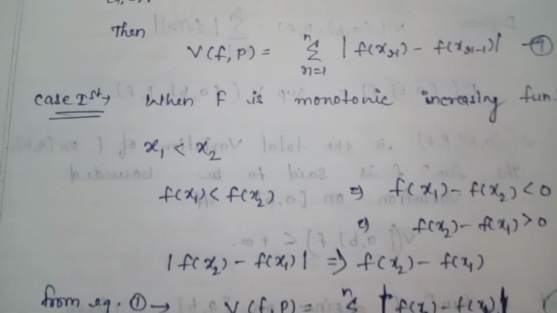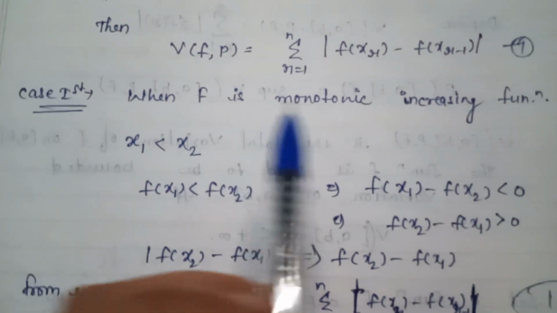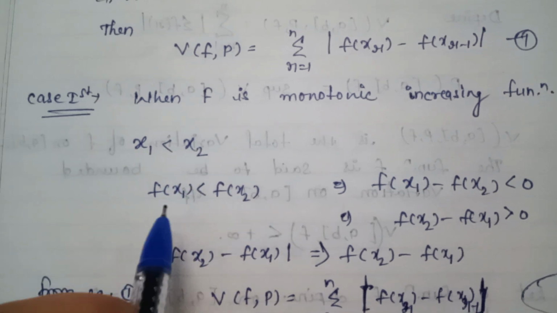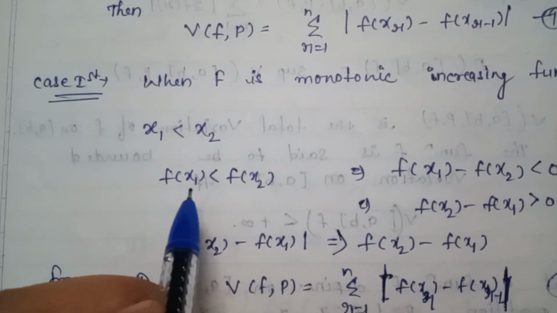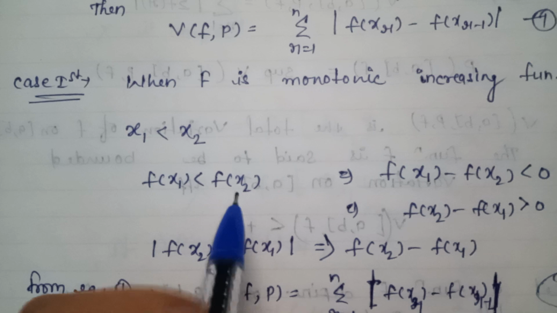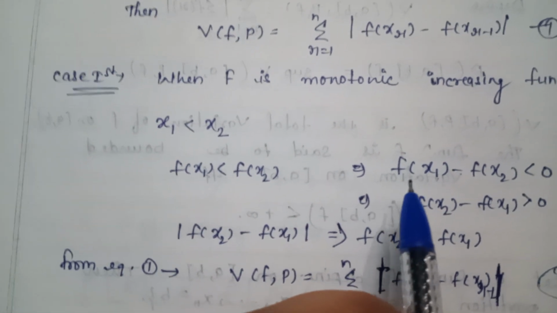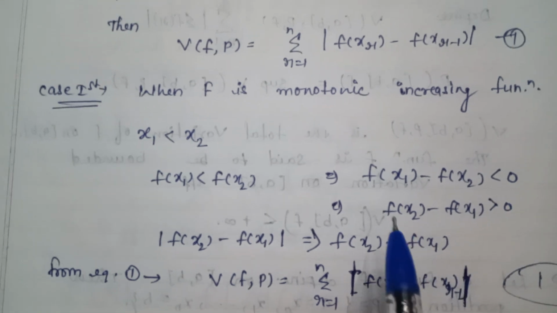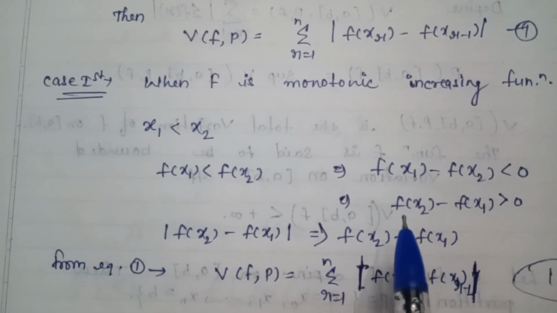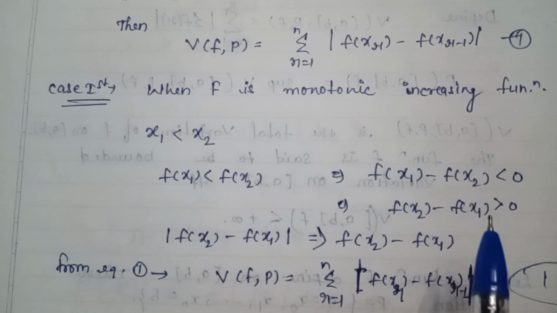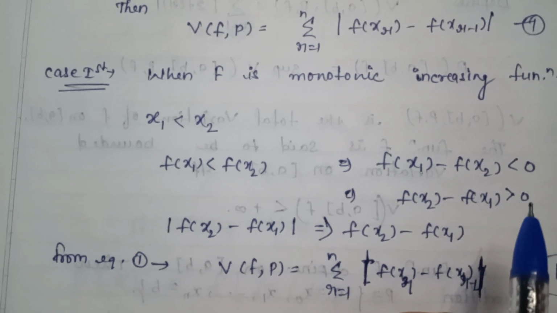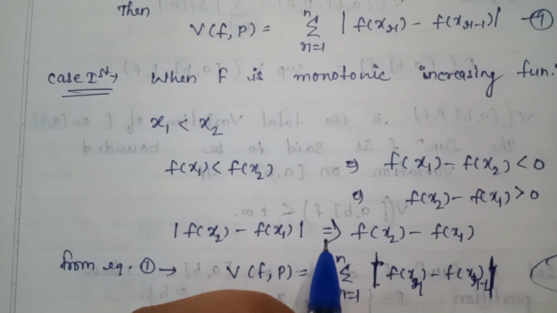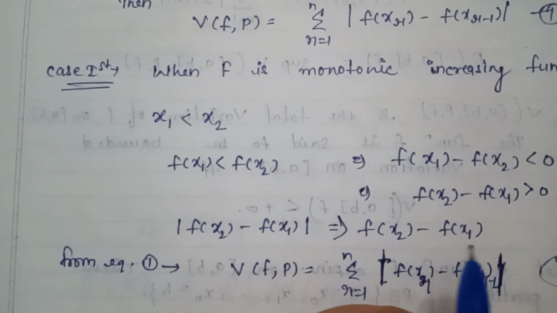Now case first, let f be a monotonic increasing function, so x1 is less than x2, or it can be written as f(x1) is less than f(x2). Rearranging, which implies that f(x1) − f(x2) is less than 0, or we can write f(x2) − f(x1) is greater than 0. Now |f(x2) − f(x1)| = f(x2) − f(x1).